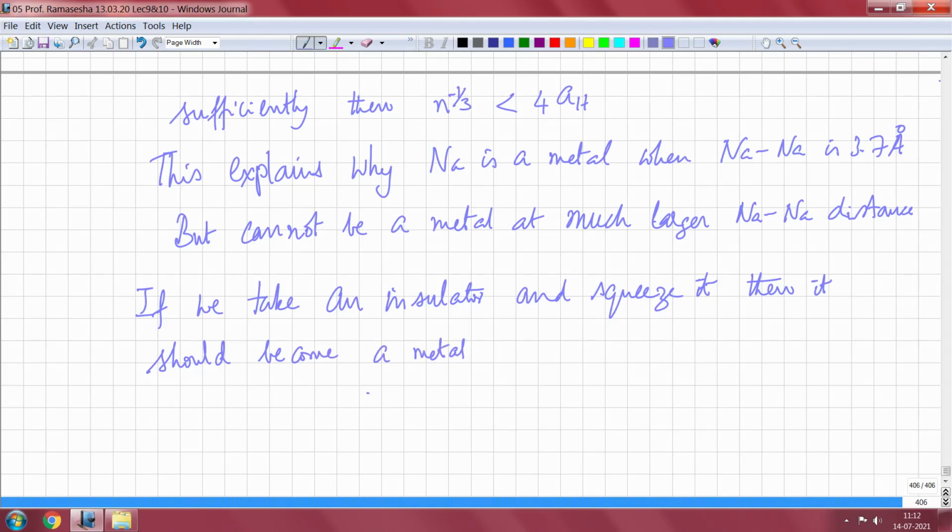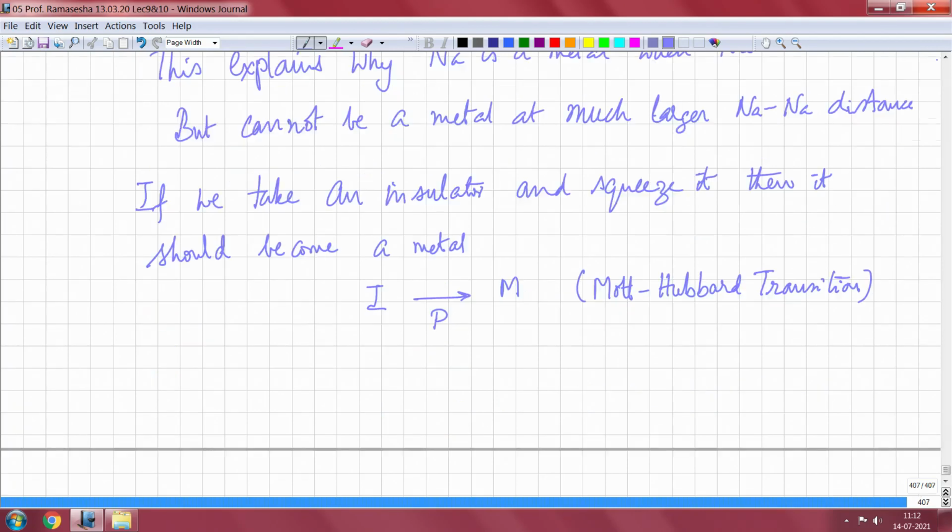That is, an insulator, if you apply pressure, should become a metal, and this is known as a metal insulator transition, or the Mott-Hubbard transition. So, application of pressure on an insulator should result in a metal, and that is what the Mott-Hubbard transition predicts.